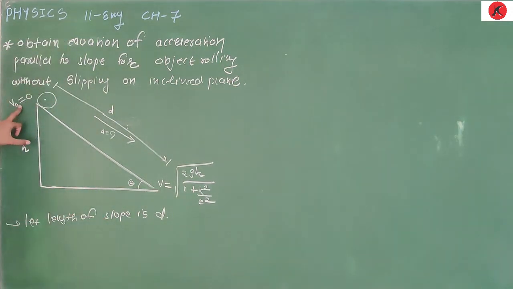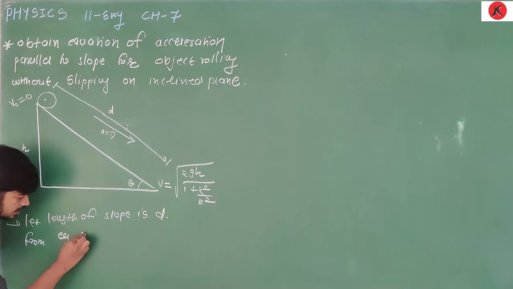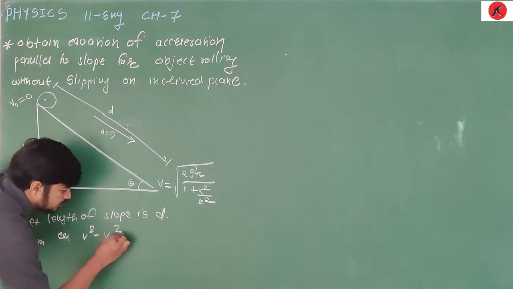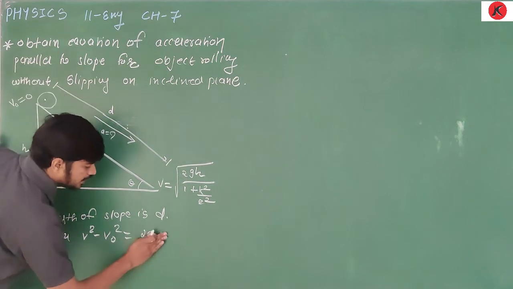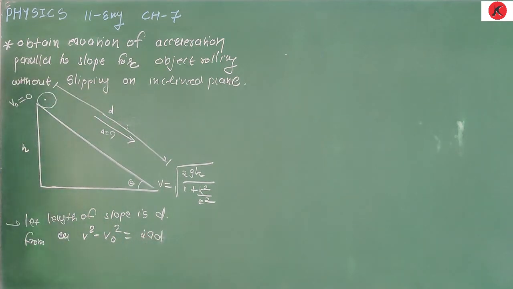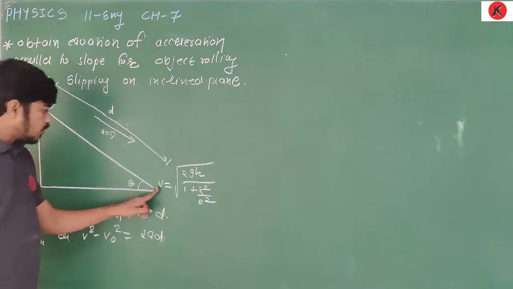Initial velocity is 0, distance d, acceleration and v. What is the relation between these four quantities? Yes, you know the equation, right? From the equation v square minus v0 square is equal to 2ax, x is replaced by d. Okay, from the equation v square minus v0 square is equal to 2ad. Chalo, v, that is the final velocity at this point. Okay, so what is v square?